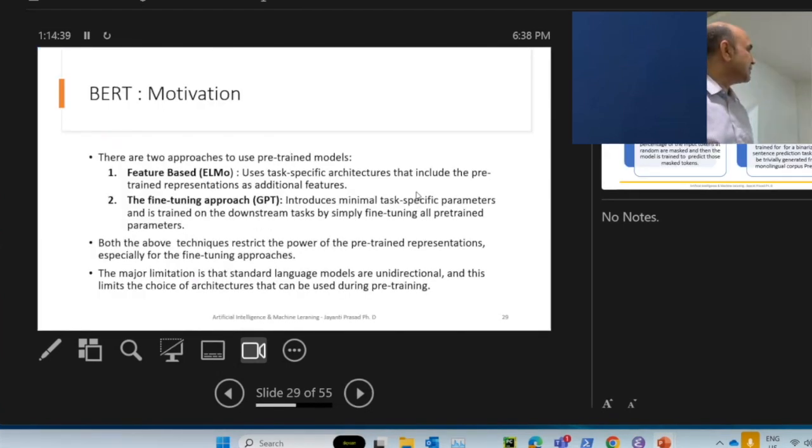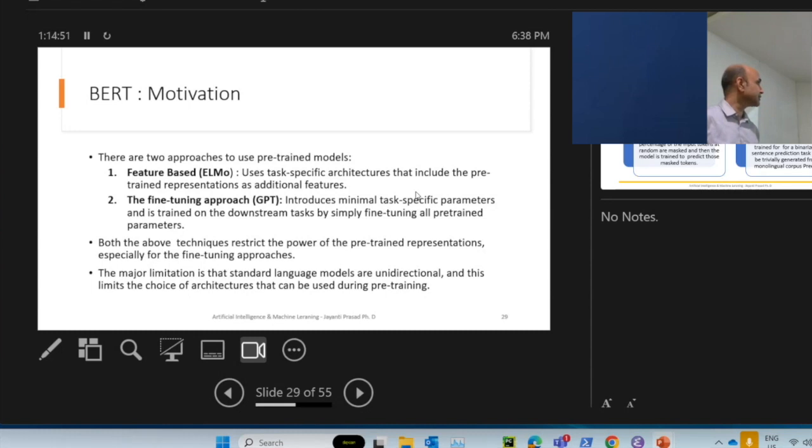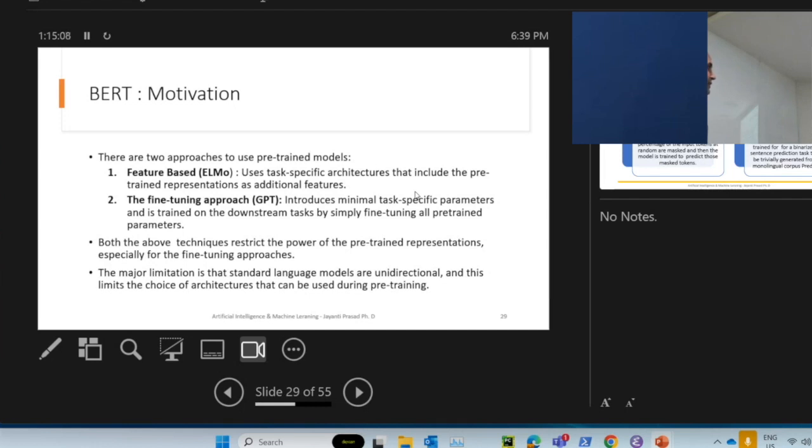So what was the motivation to create BERT? There were two kinds of models at present. One was feature-based, for example ELMo, which uses task-specific architectures that include the pre-trained representations as additional features. So it was a task-specific model you train and then use. Second was the fine-tuning approach like GPT, which introduces minimal task-specific parameters and is trained on downstream tasks by simply fine-tuning all pre-trained parameters.